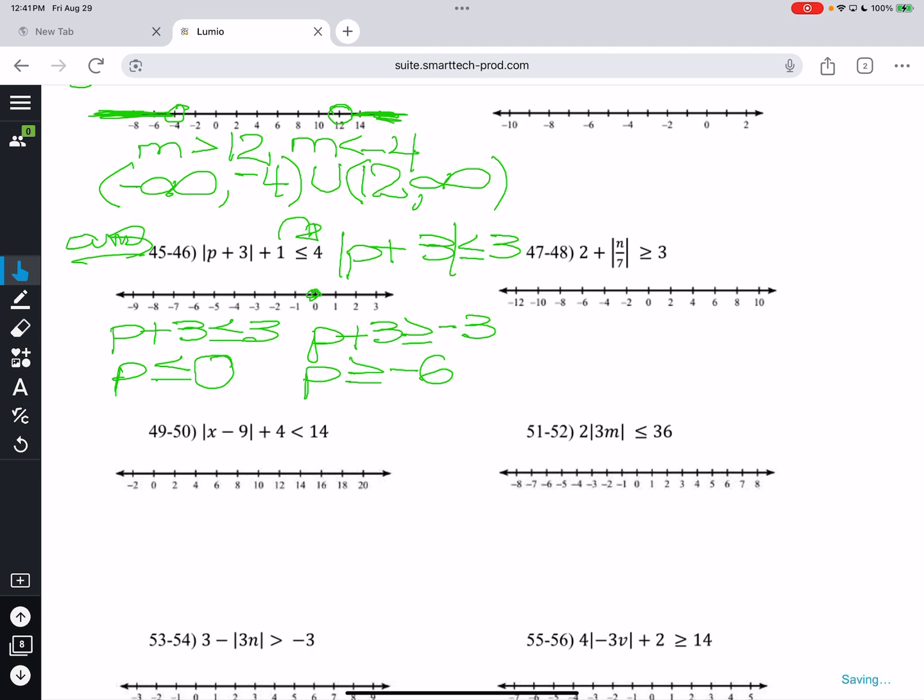Fill in, and we're going to go to -6, and we're going to fill in, and it works. They're going toward each other with their points. So what is the interval notation for this? Bracket, -6, comma, 0, bracket. And we're done.